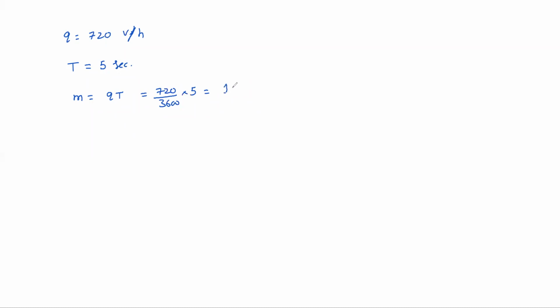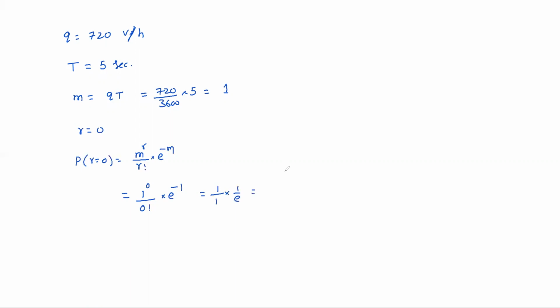Now he is asking to calculate the probability that there is no vehicle passing. No vehicle passing means R equal to 0. Probability of R equal to 0 is nothing but the formula m to the power of R by R factorial into e power minus m, which is m here 1, 1 to the power of 0 by 0 factorial into e power minus m. 1 power 0 is 1, 0 factorial is 1, into 1 by e.